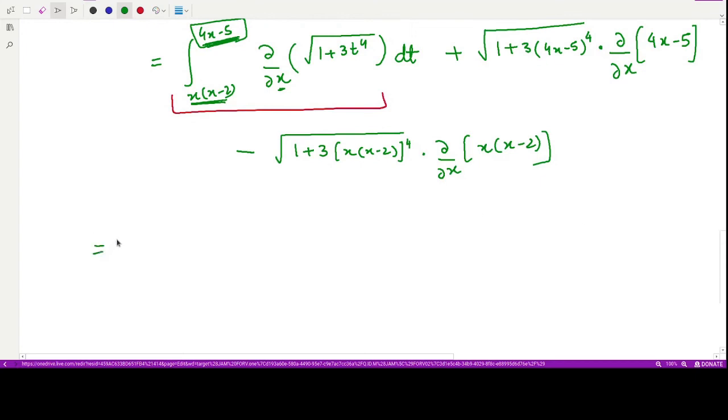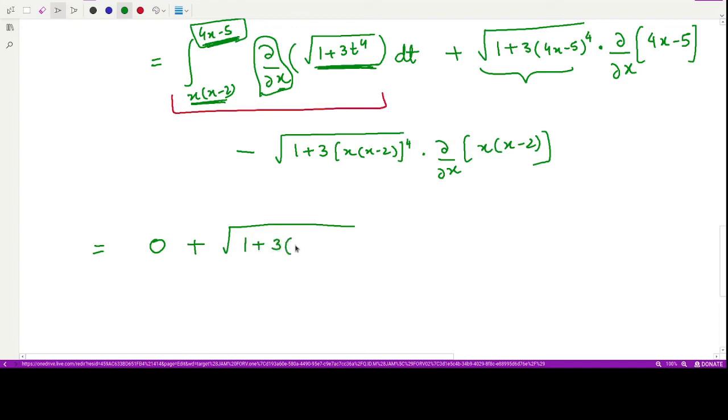Now when you solve this, you are performing the partial derivative with respect to x of a function which does not contain x. That means it will treat all these quantities as constants. So this would be the integral of 0, and the integral of 0 is obviously 0. So the first term here is 0. For the second term, this quantity would come as such, so we do not solve it further.